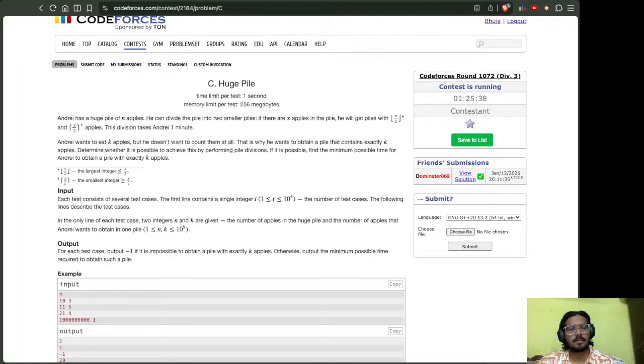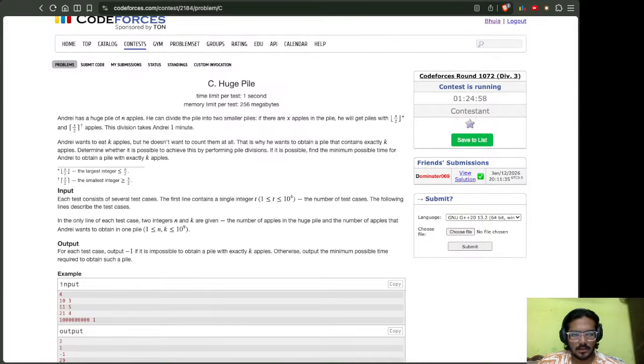Determine whether it is possible to achieve this by performing pile division. If it is possible, find the minimum possible time for Andre to obtain a pile with exactly K apples.